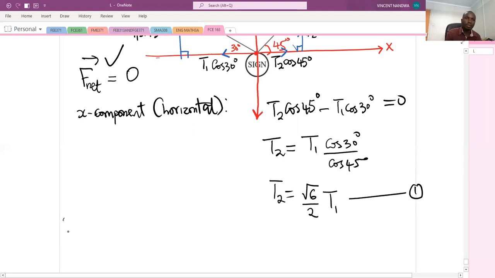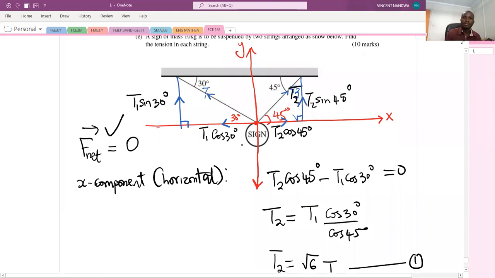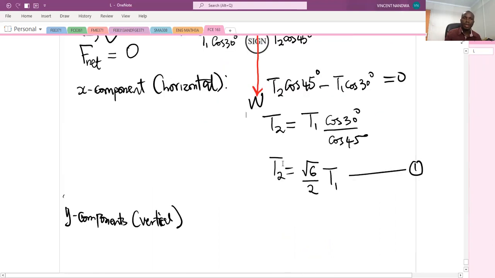And then y components, or simply the vertical forces, we have this force, and this is the weight of the sign. So I'll have T1 sine of 30 degrees plus T2 sine of 45 degrees.